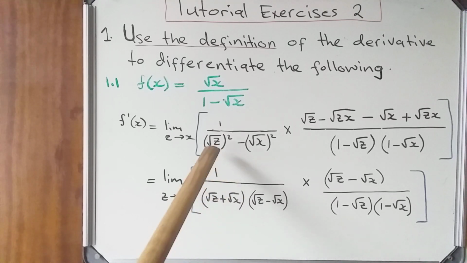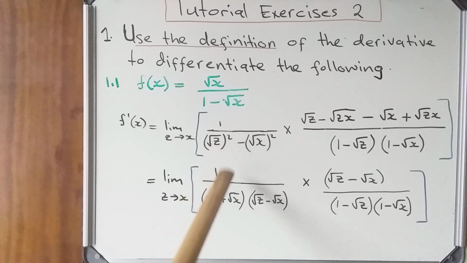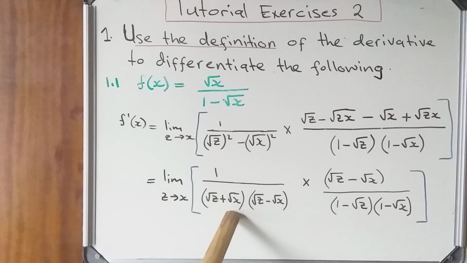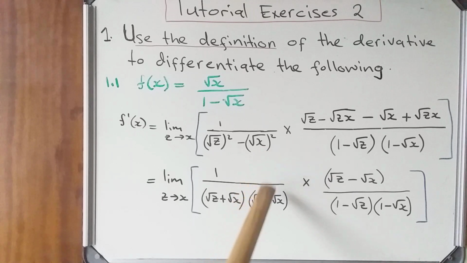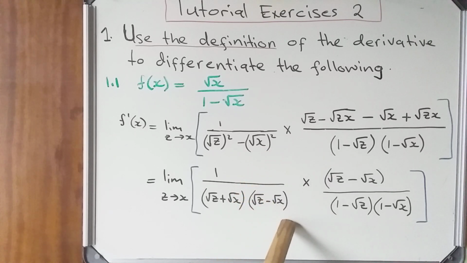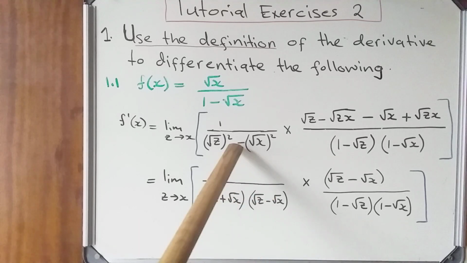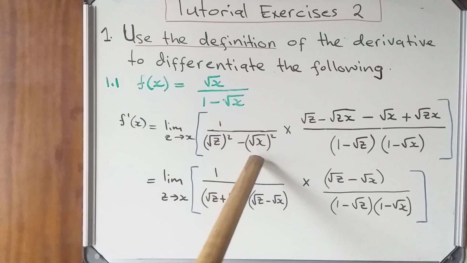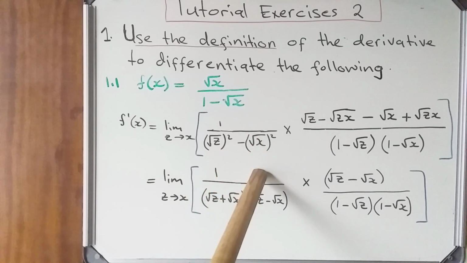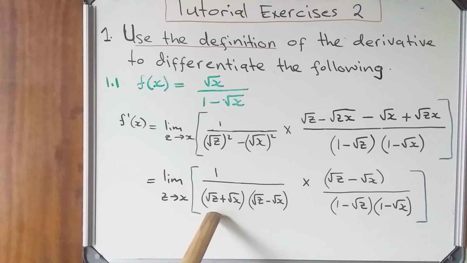So it will be square root of z plus square root of x, multiplied by square root of z minus square root of x. If you expand this, you get square root of z squared minus square root of x squared, which gives z minus x. So this is another way of writing z minus x.